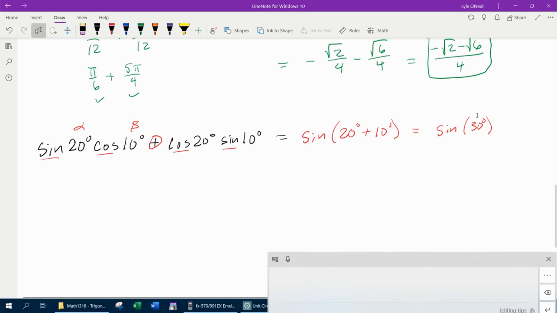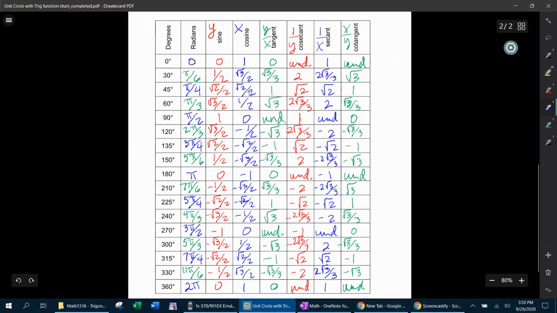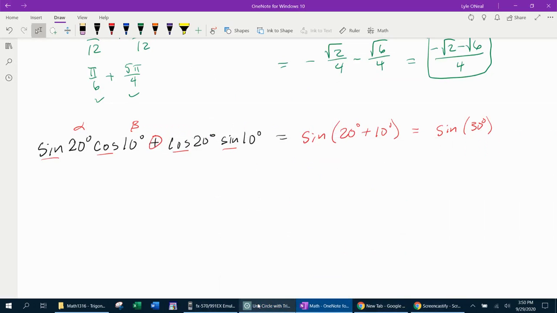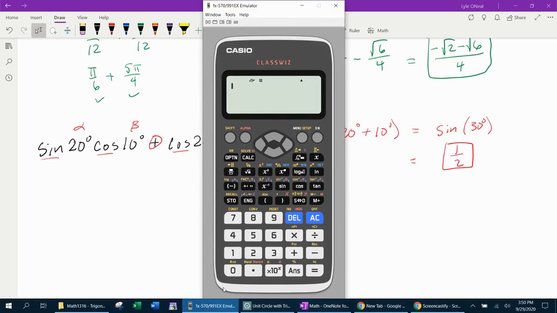And then at this point, super easy, if you have your chart handy, sine of 30, that's a half. And that's done. And if you don't have this chart, you can pull up your calculator and do sine of 30, making sure that you're in the right mode, and get a half.